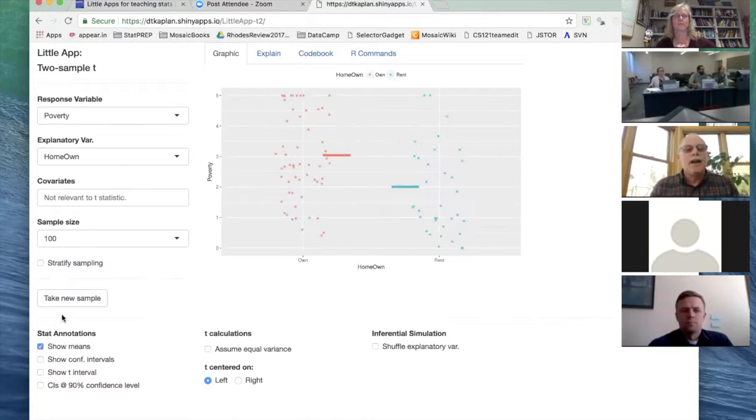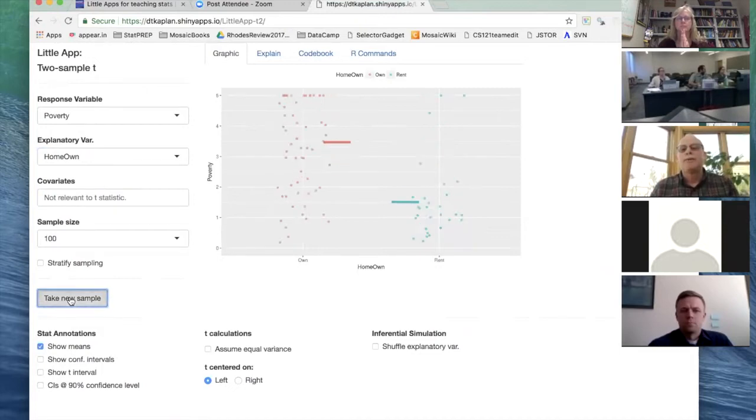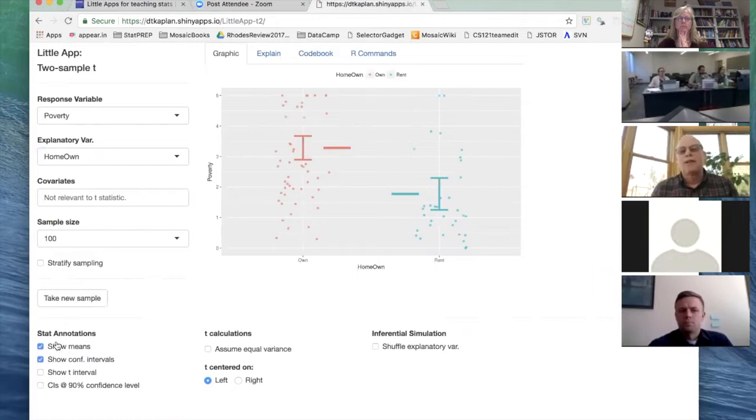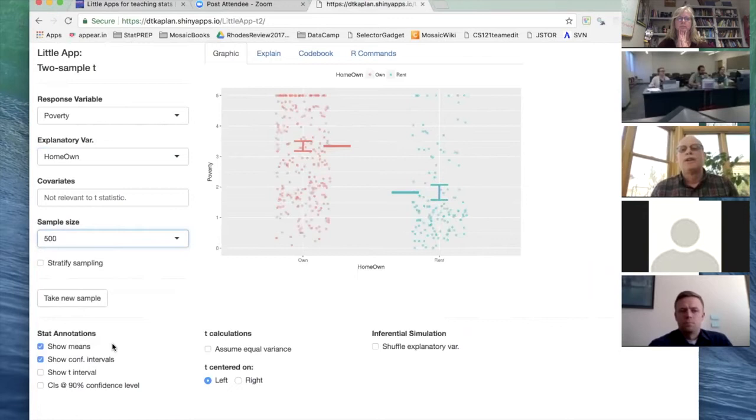If we're interested in talking about sampling variation, it's just a matter of pressing a button to take a new sample, so we can see how stable those means are for these variables. And one could go on, which I won't, but you could show the stability in terms of the confidence interval on the means, and show how the confidence interval changes with sample size.